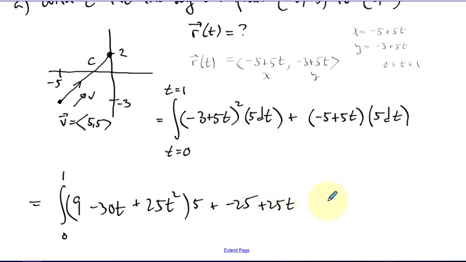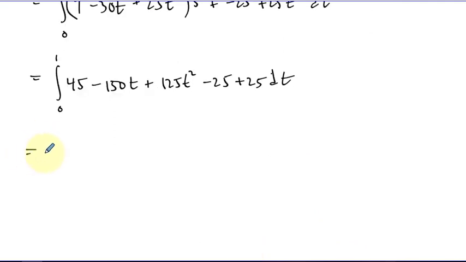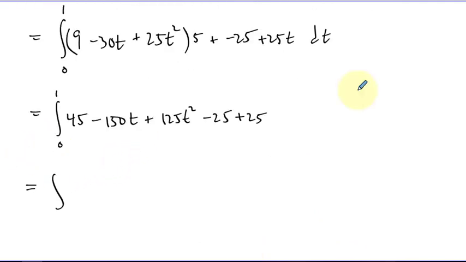And then I'm just writing both differential in t's at the end. So distributing the 5, let's collect like terms. This was 25t, so they don't combine, but I do have 45, take away 25. I'll collect like terms, find an antiderivative, and then plug in the bounds.